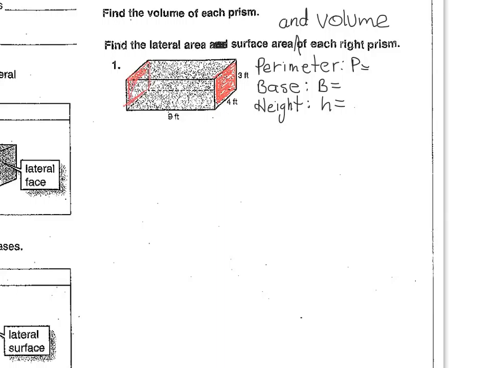If I want to get the perimeter of those bases, perimeter is twice the length, right? The length is 4 feet, and then twice the width, and the width is 3 feet.